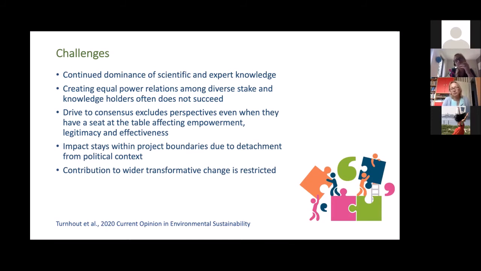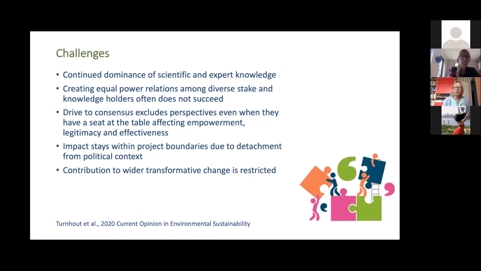Other important problems of these approaches is that quite often impact stays within the project boundaries. So you see that a lot of co-production or co-creation processes are designed as pilot projects, for example. And almost by definition, the idea of a pilot is that it is isolated.